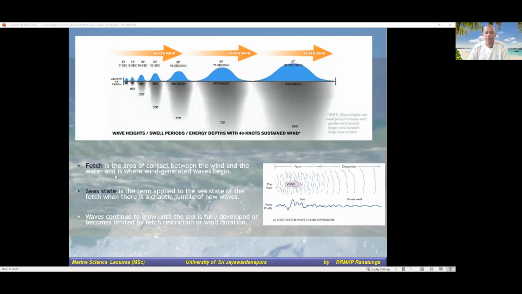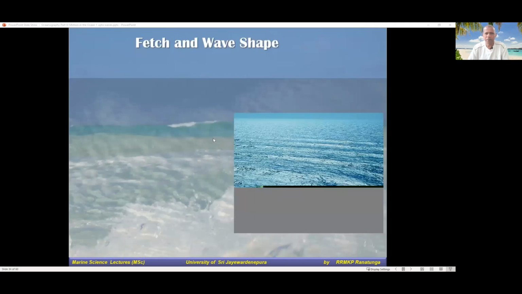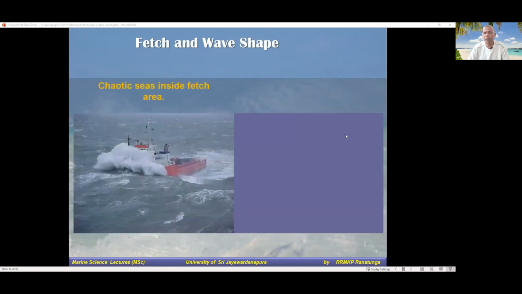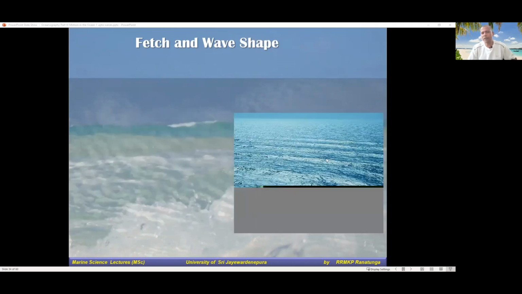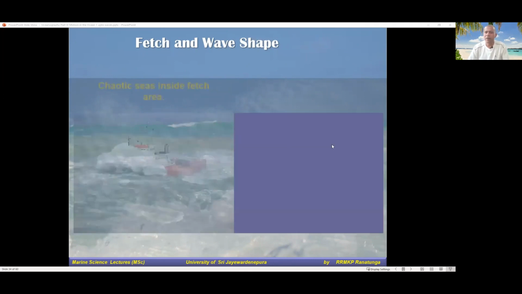Okay, so we talked about fetch, sea state, and different things, and how they are affecting the waves, like the wave height and the wave length, which will be different from one another based on these differences, right? So keep that in mind. You see, the different wave formations sometimes can be like this, very calm conditions, right?